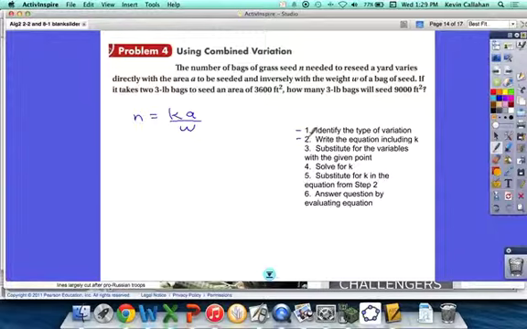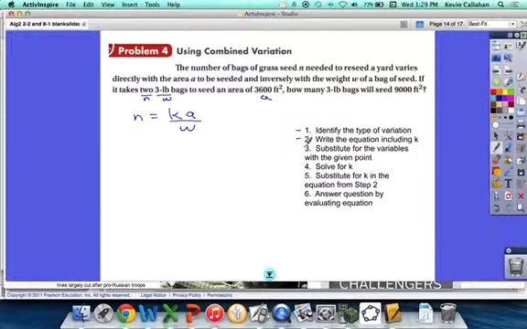Okay, substitute for the variables with the given point. They have given us that it takes 2, that's N, 3-pound bags, that's W, to seed an area of 3,600 feet, A. They just gave us the values of N, W, and A all at one point.